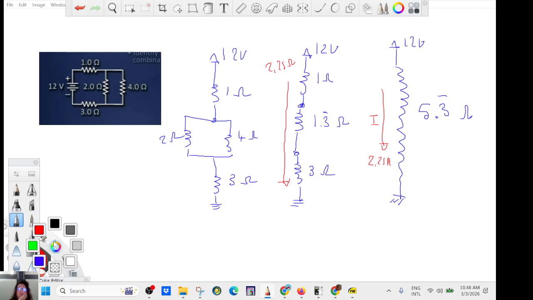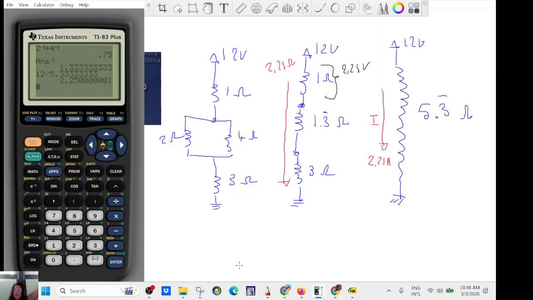So now you can find the voltage drop. Here you have 2.25 volt. Do you agree? It's a drop, okay? You are up the mountain and you drop.